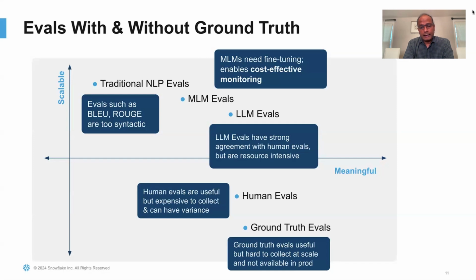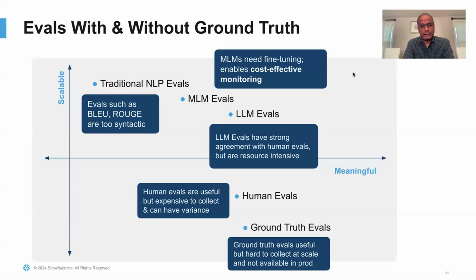TruLens and LLM observability at Snowflake provides all of the set of evaluations that we have on this slide, including support for ground truth, human evals, LLM evals, as well as traditional NLP evals and evals based on medium-sized or smaller language models.